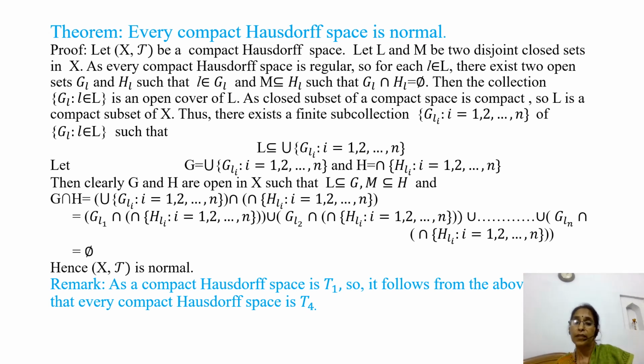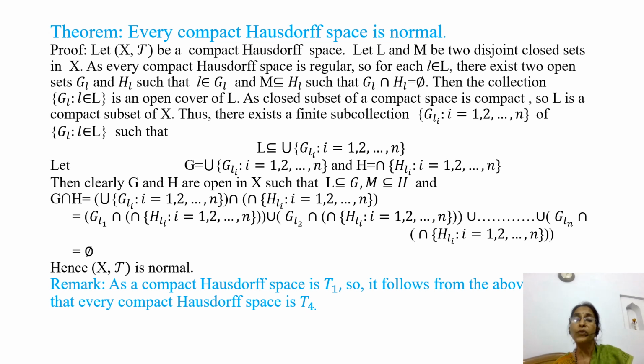And in each bracket, since one of the H_li is disjoint from G_li, we get the empty set. So each bracket here is empty, and the union of empty sets is empty, so here we get the empty set phi. Hence, X is normal.